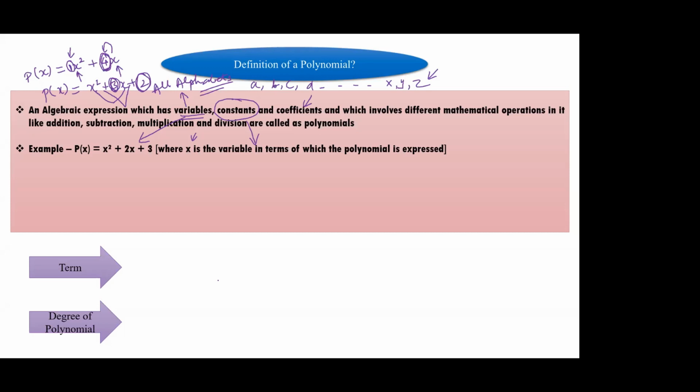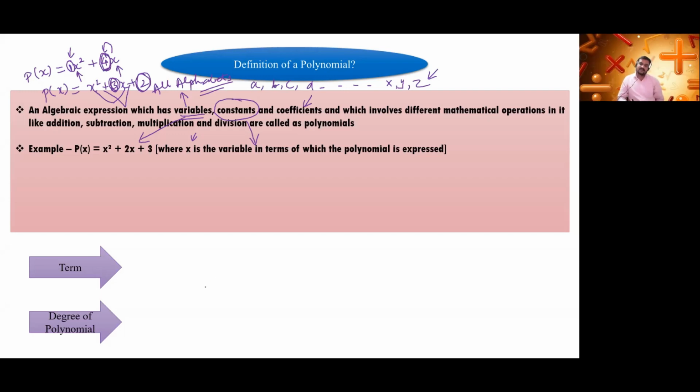Means 4x square minus 3x plus x plus 2. That is nothing but an algebraic expression, and in that algebraic expression we are having variables also, constants also, coefficients also, and different mathematical operations also. You're talking about polynomials only, na, definition. Yes, sir.